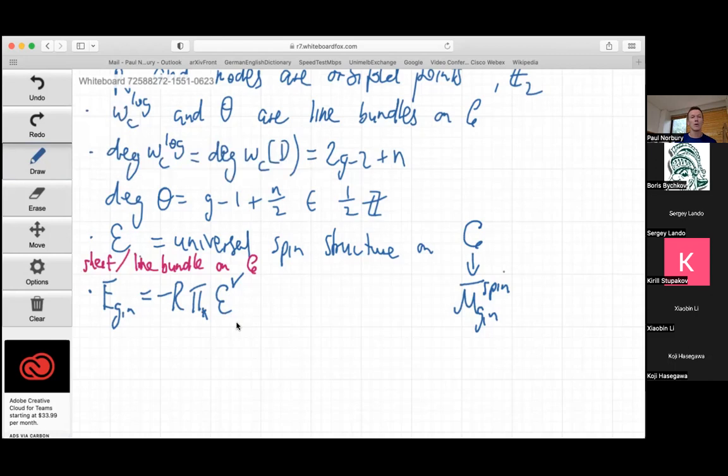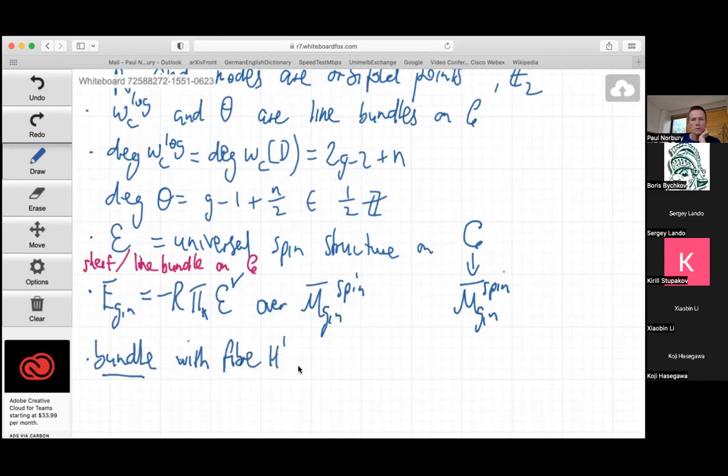And this is defined over MGN spin. So we've pushed forward the sheaf from C to MGN spin, and it ends up a bundle with fiber given by the first cohomology.